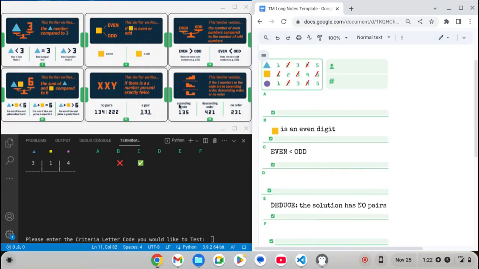So I'm mistaken. I guess there is that interaction. So I think we can even deduce that the solution should have no order because of that argument. Yeah, if it's ascending, there are no pairs. If it's descending, there are no pairs. So yeah, I think we can safely deduce that the solution has no order.